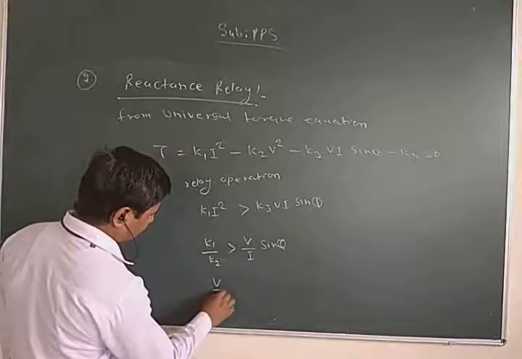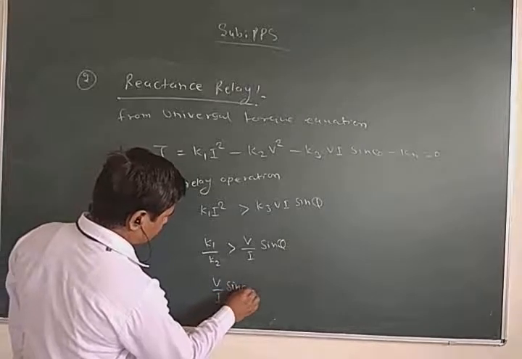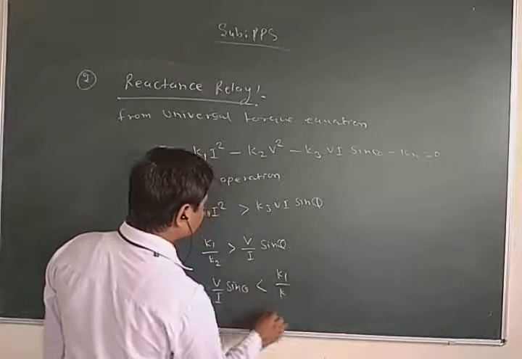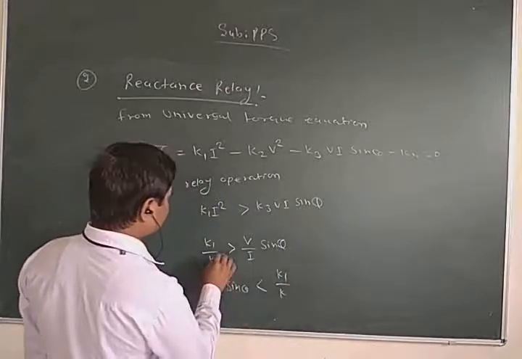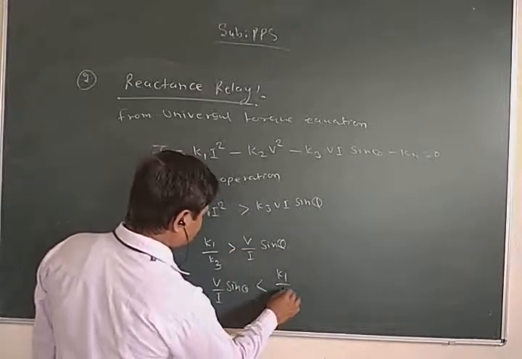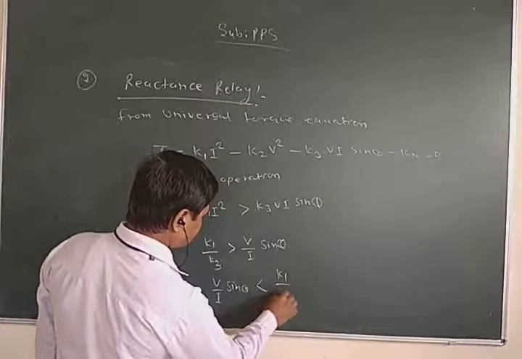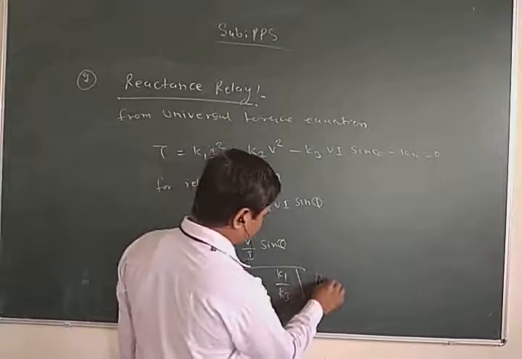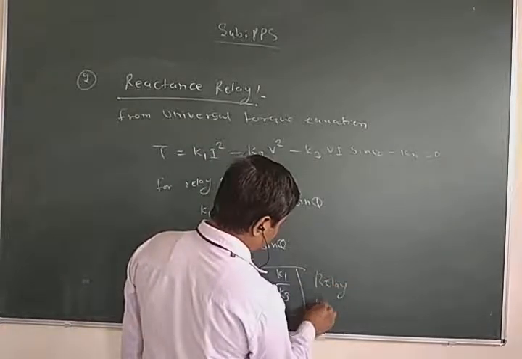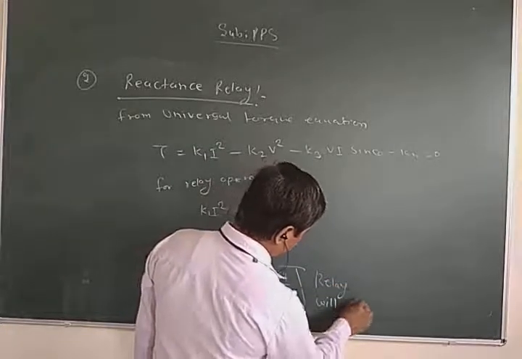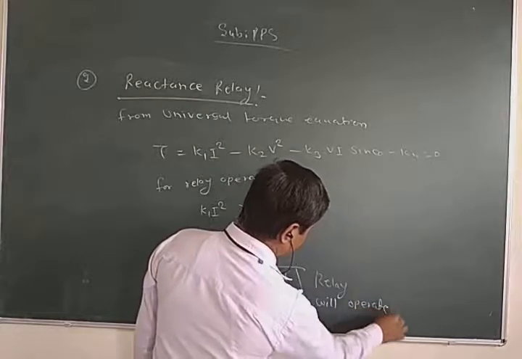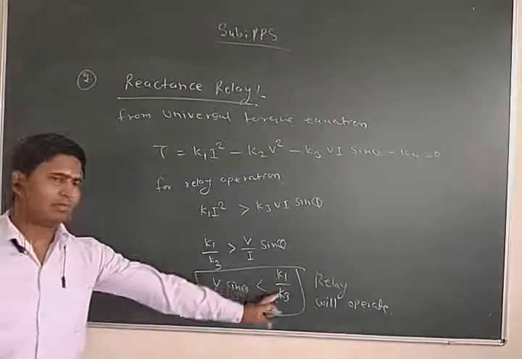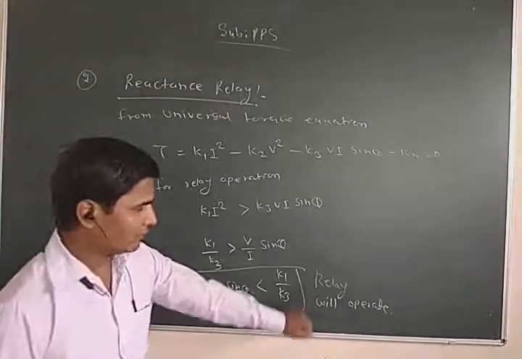If V upon I sin theta is less than K1 upon K3, the relay will operate.